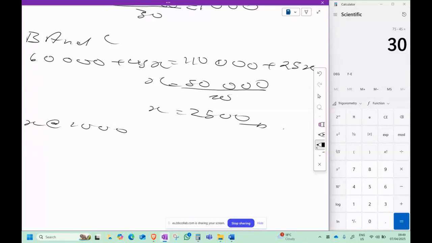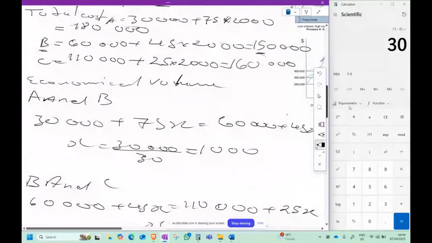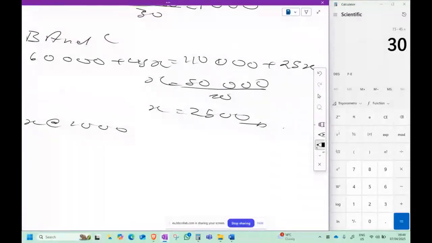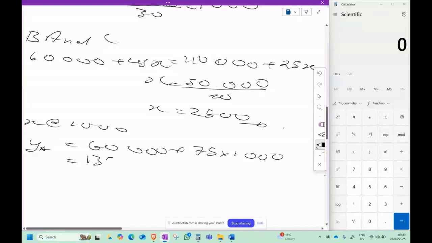We only have the ones for A and B. So y for A equals 60,000 plus 75 multiplied by 1,000. You see that? Then your value is 135,000.